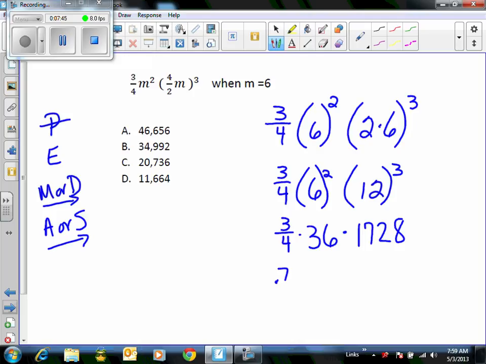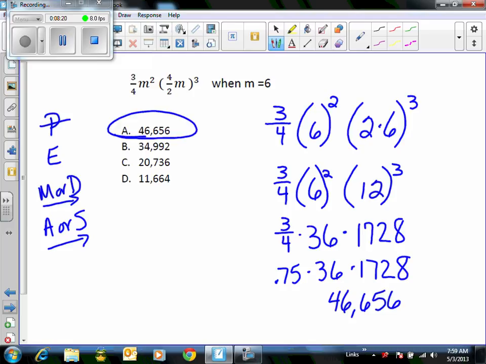So 0.75 times 36 times 1728. I'm showing that step just to show what happened there. That's a step that a lot of you skip, and you just put in 0.75, multiply it by 36, and then multiply it by 1728, and you'll get the answer of 46,656. And your correct answer would be A.